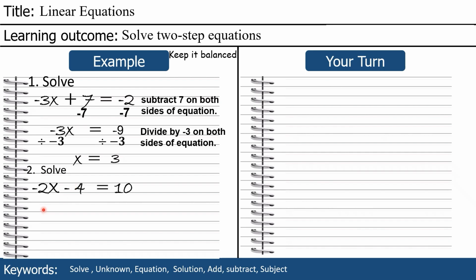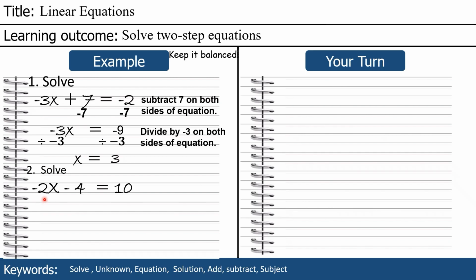So here we have negative 2x subtract 4 equal 10. So we're going to reverse the last operation that was done to x. Here we have x multiplied by negative 2, and this is where students usually make mistakes.